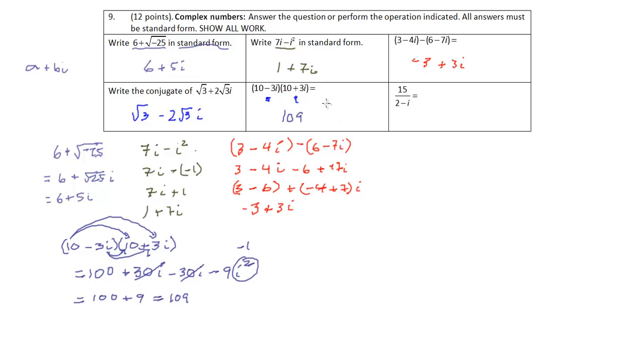Now there's a rule for when you multiply conjugates of complex numbers, and it's this: if you have a plus bi times a minus bi, generic conjugate numbers, the answer is just going to be a squared plus b squared. You can see that happening here.